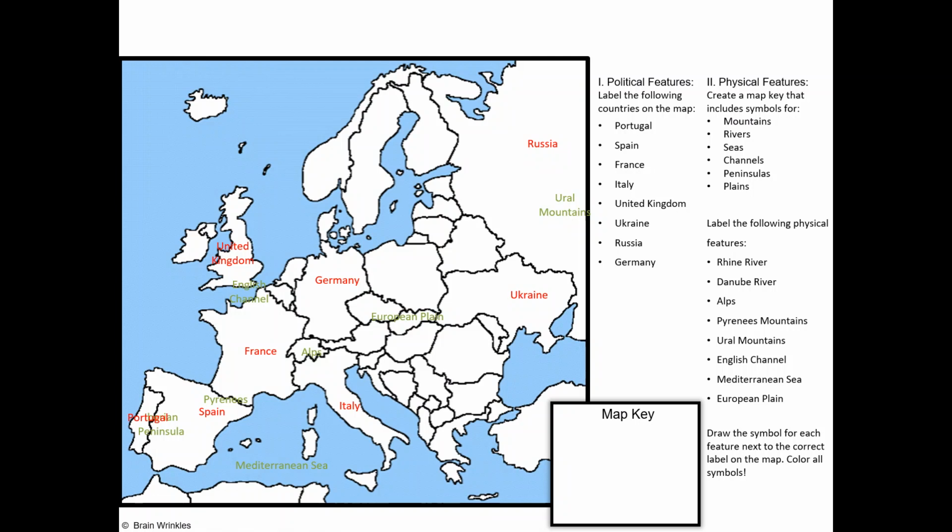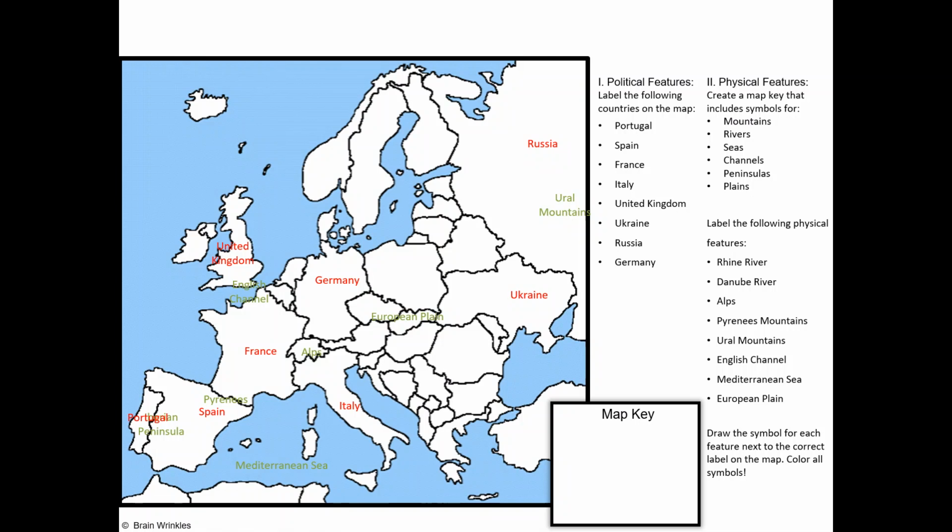We talked about political map and physical map being different, right? We looked at political map and we were able to see city, state, country, and all these different political features. But when we looked at physical map, we could only see the physical features, which were mountain, river, lake, sea, ocean, channel, things like this.